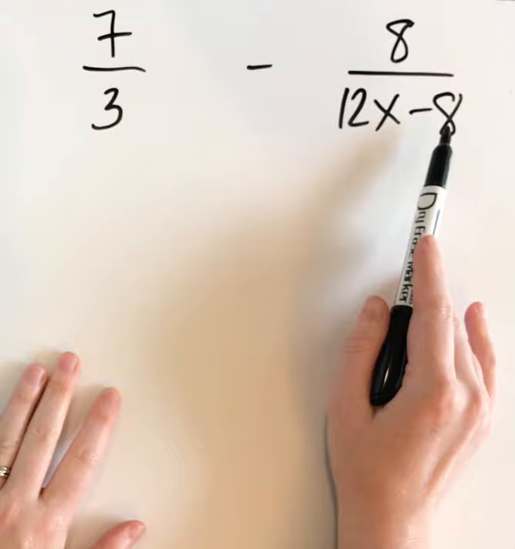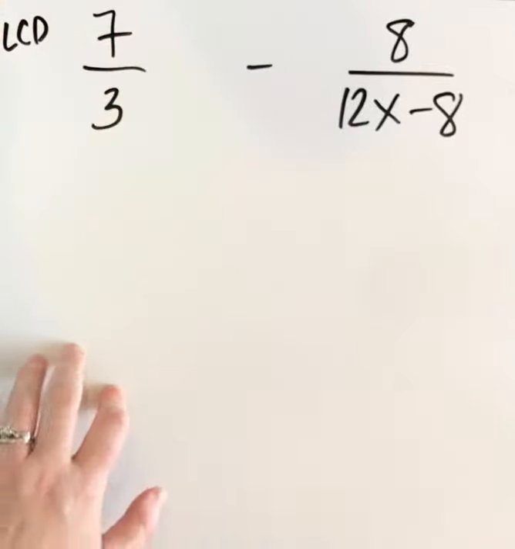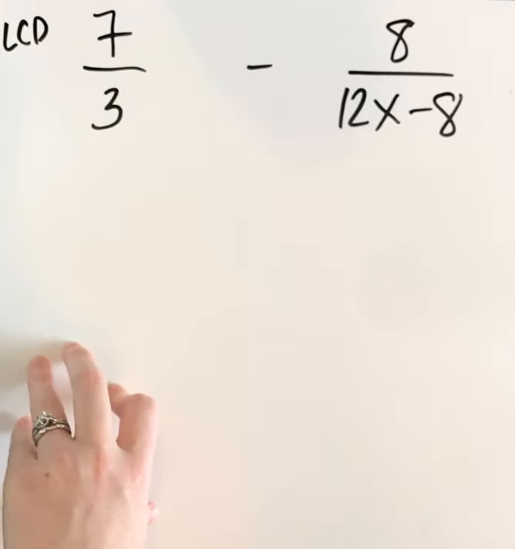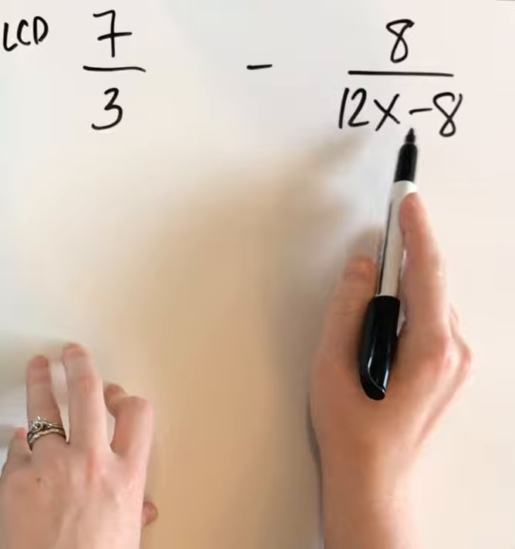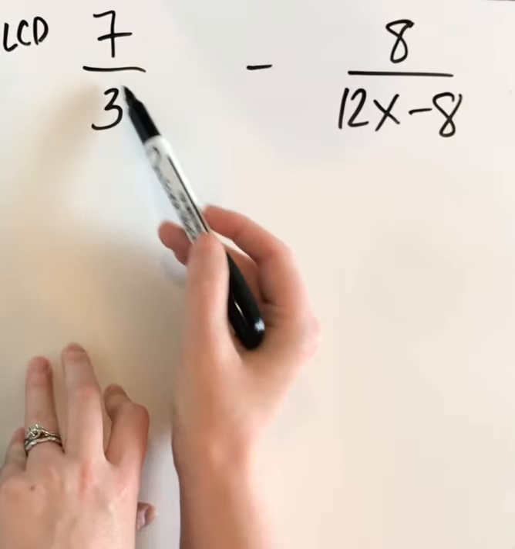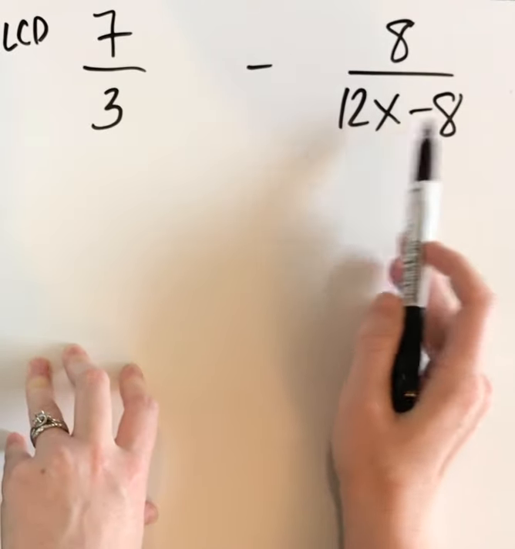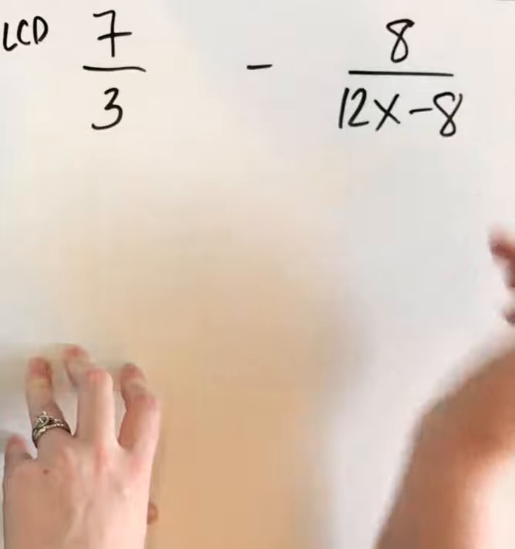To get the same denominator, we have to find the least common denominator, or the LCD, also known as the least common multiple. To make sure we have it, we have to first check and see if we're in factored form. Now 3 is a prime number, I can't factor that any further, but this binomial here does have a GCF of 4.